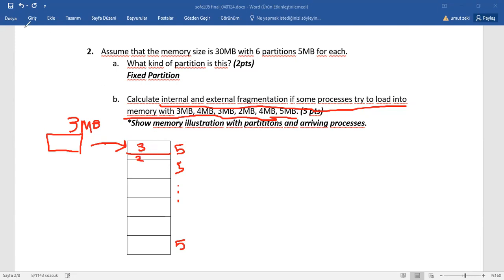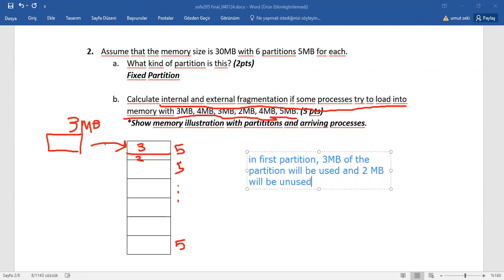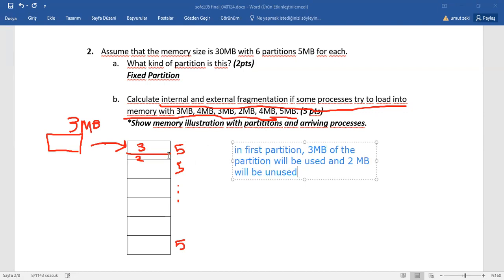Okay, so in the first partition, 3 megabytes of the partition will be used and 2 megabytes will be unused.